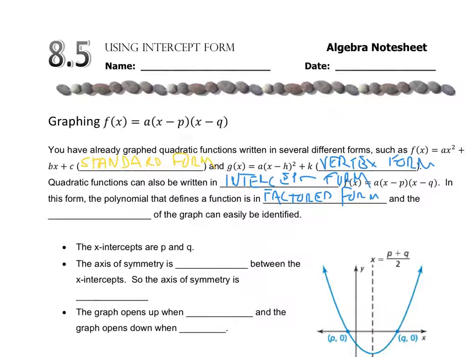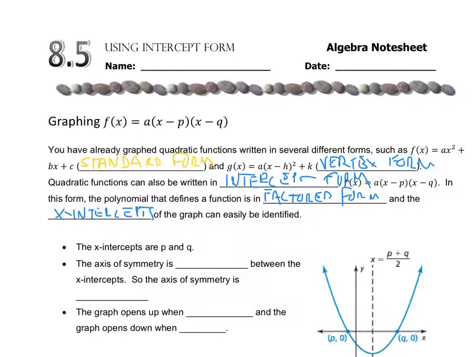Remember, we found the solutions from factored form by using the zero product property to set each binomial equal to 0 to find the x-intercepts. Those were the solutions back in chapter 7, but now they're also the intercepts of the graph. That's why we call this the intercept form, because it helps us find the intercepts.